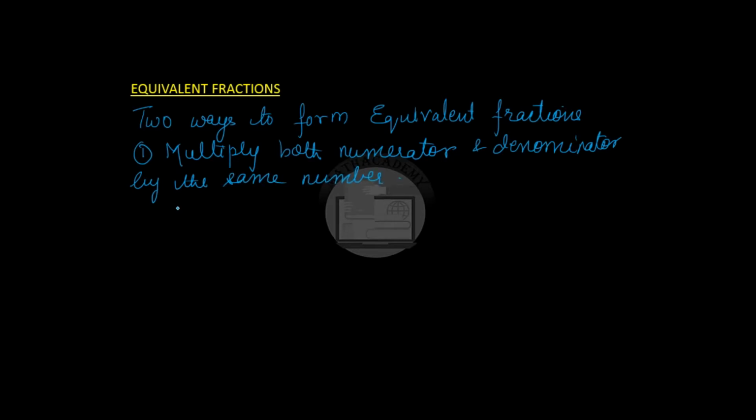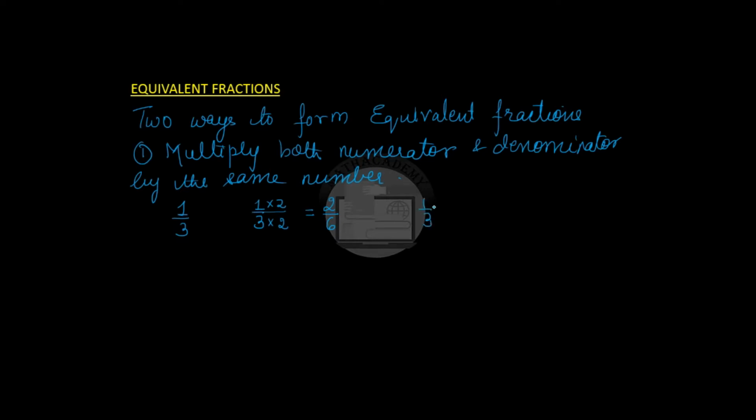Suppose I have a fraction 1/3. If I multiply 1/3 by 2 in the numerator and 2 in the denominator, then it doesn't change my fraction. If the numerator and denominator are multiplied by the same number, then the fraction remains unchanged, but the new fraction which I have got is 2/6, which will be equivalent to 1/3.